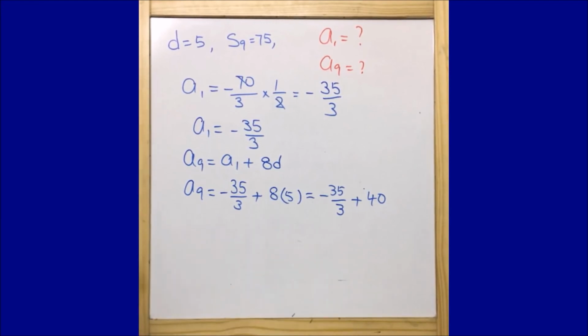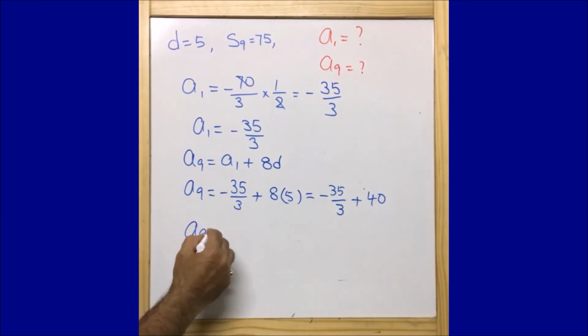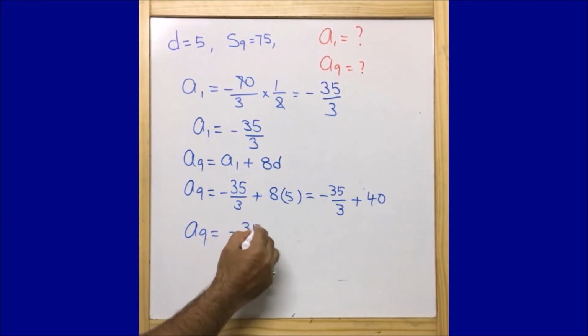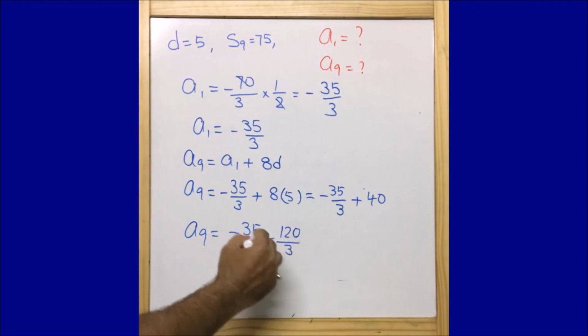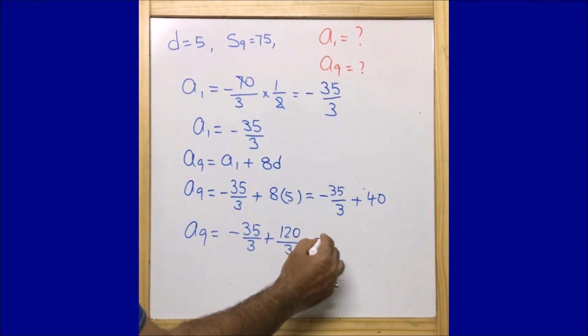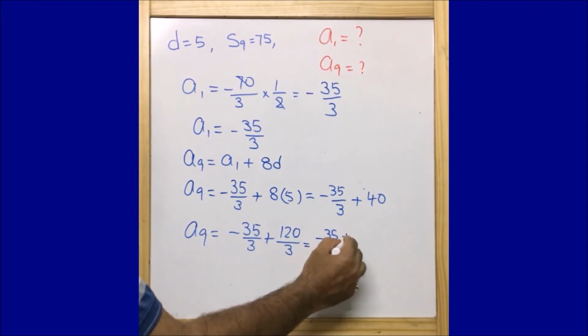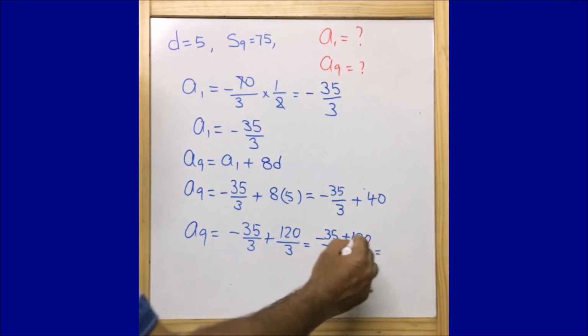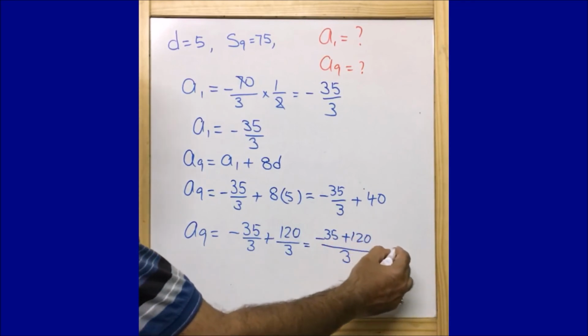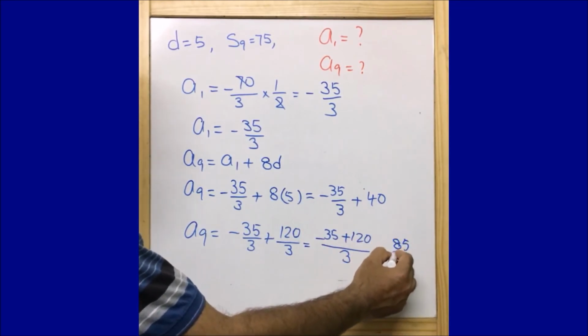Okay, now let us solve this one so that we can get the value of a9. I can write a9 is equal to minus 35 by 3 plus 120 by 3, just multiplying 3 in the numerator and 3 in the denominator, so that is equal to minus 35 plus 120 by 3, that is equal to 85 by 3.